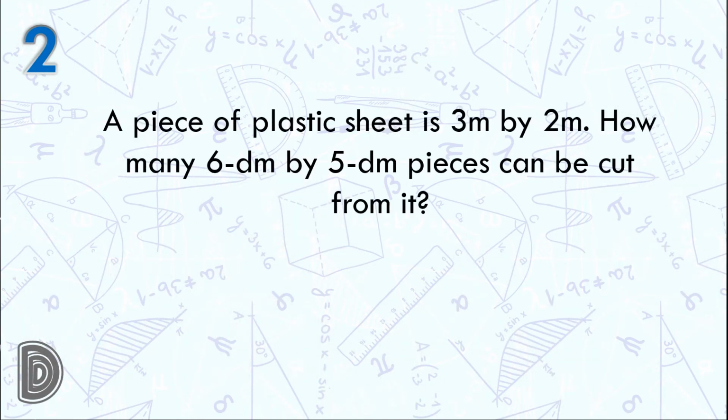Question number 2. A piece of plastic sheet is 3 meters by 2 meters. How many 6 decimeter by 5 decimeter pieces can be cut from it? Again, a piece of plastic sheet is 3 meters by 2 meters.